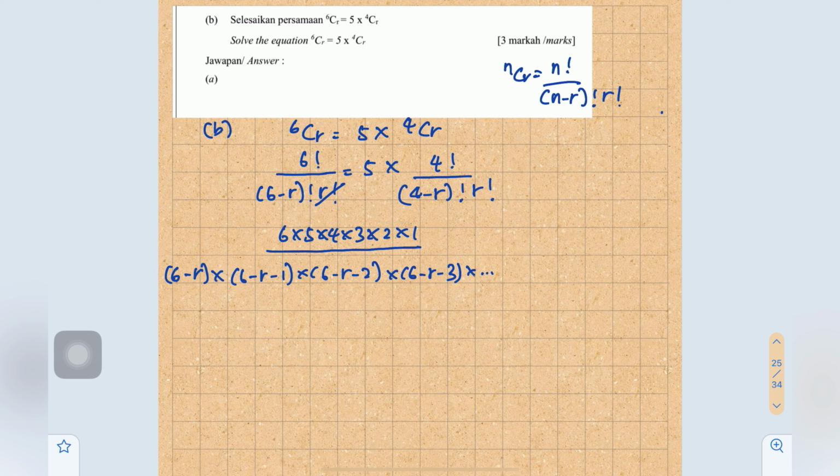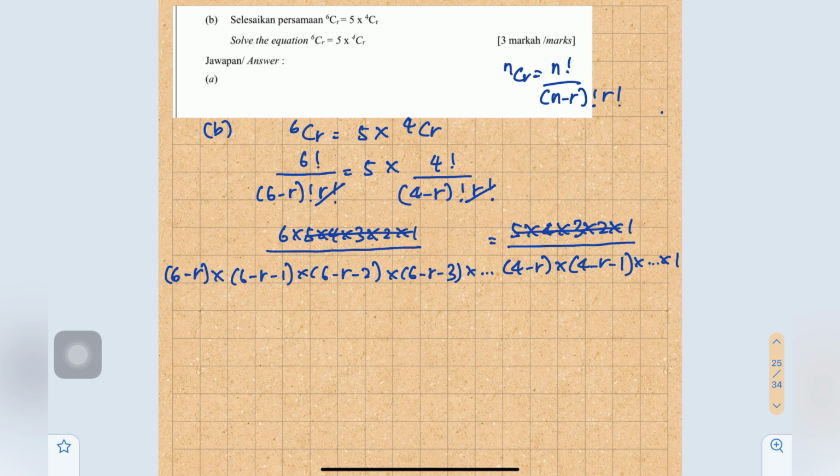Okay, so ni boleh mati lah terus, tak payah nak kira. So equals to 5 times 4 factorial, 4 times 3 times 2 times 1, bahagi dengan yang ini 4 minus R factorial. So 4 minus R darab 4 minus R minus 1 darab sampai darab 1 lah. Okay, so ni boleh mati terus ni dengan ni.